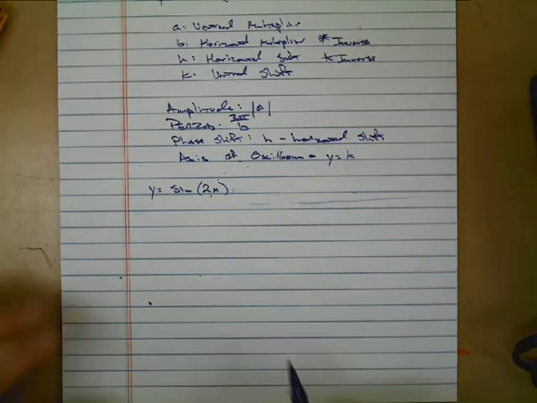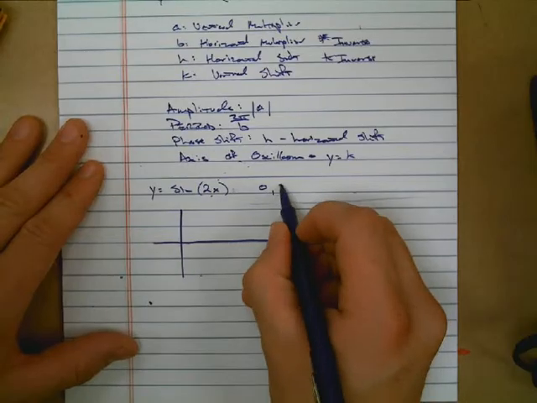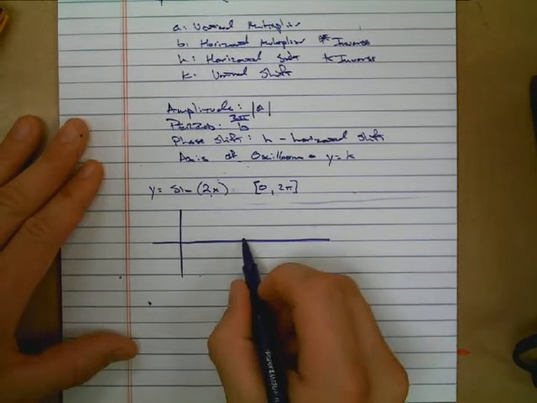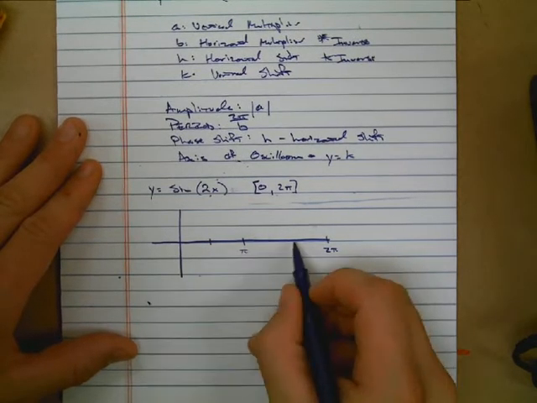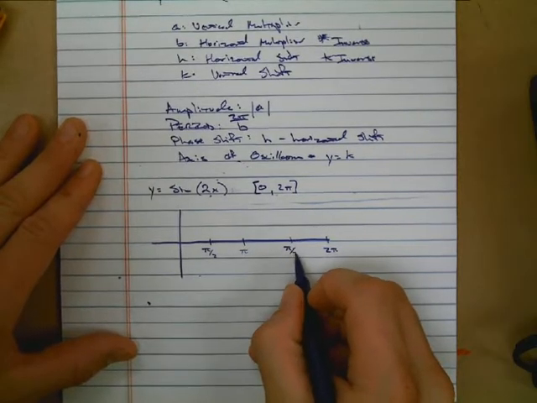To start, I'm going to create the sine function so that we can see how it changes by this horizontal multiply by 2. Let's sketch that graph on there first.